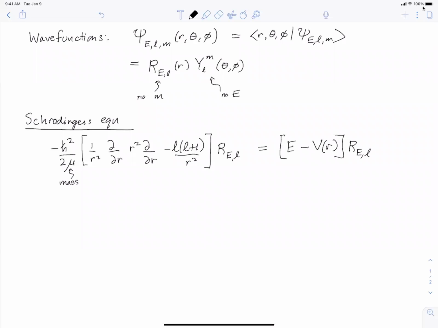What happened was the spherical harmonics were just multiplying the whole equation, and so they canceled out. What remains to be done is to simultaneously solve for the energy and the radial wave function. So E and R sub EL are to be solved for.